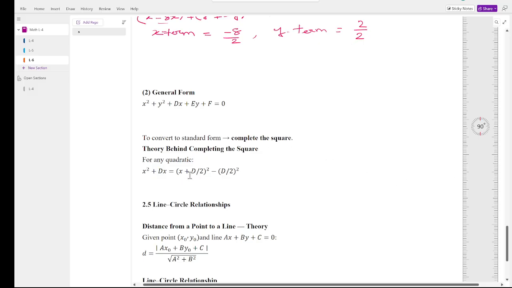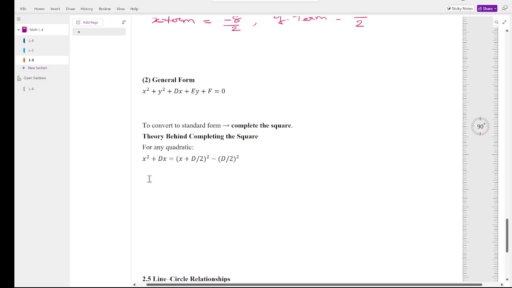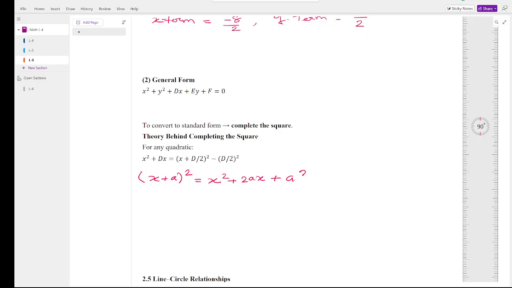Okay, at first we need to prove this one, then we can easily understand the last example. How do they define, for any quadratic, x squared plus dx equals x plus d over 2 whole squared minus d over 2 whole squared? In a perfect square, x plus a whole squared equals x squared plus 2ax plus a squared.